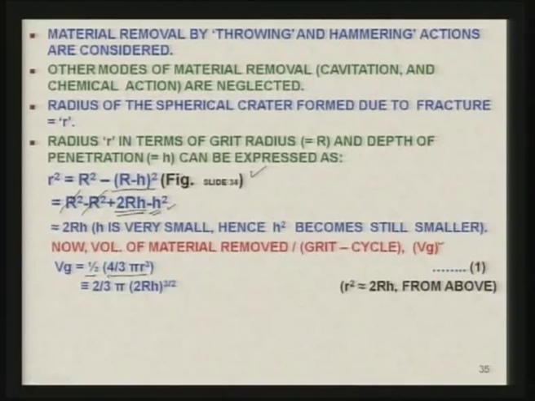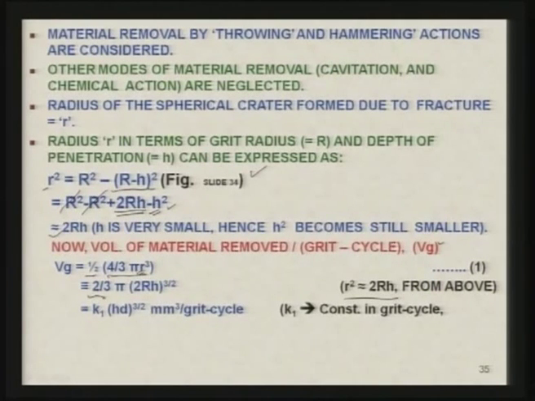Now, here the small r square value can be taken from here, and if you substitute r square equal to 2 capital R h, then you get V g equal to 2 by 3 pi multiplied by (2 R h) whole raised to power 3 by 2. We know already r square is equal to 2 capital R h.